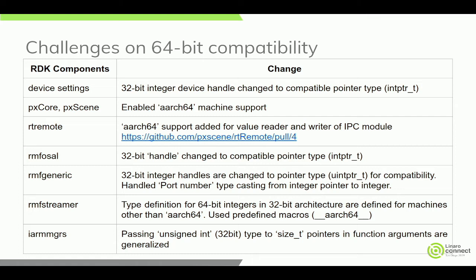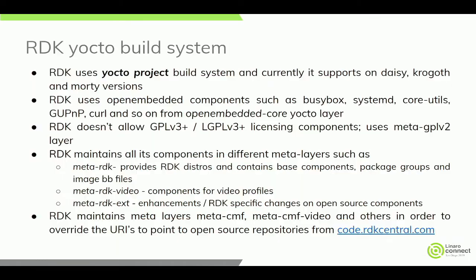These are all the efforts we made, and on the media framework side, we have added ARM64 support, where the handles are defined based on preprocessing macros. And on the IARM side, the pointers and size_t are made compatible for the IARM manager. So these are all the changes related to 64-bit compatibility made on RDK components.